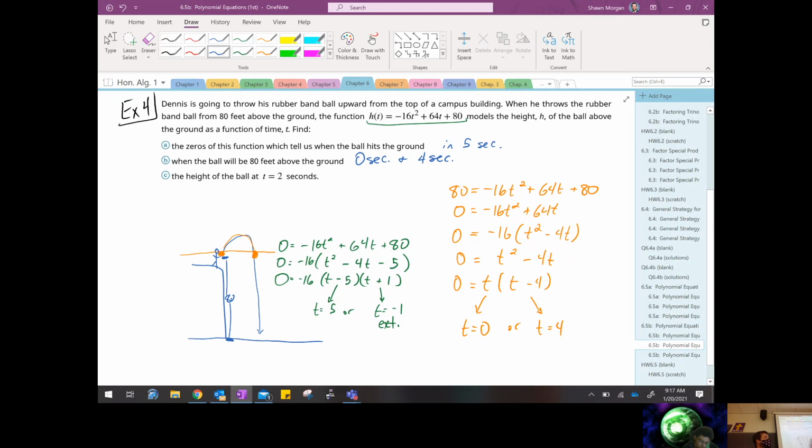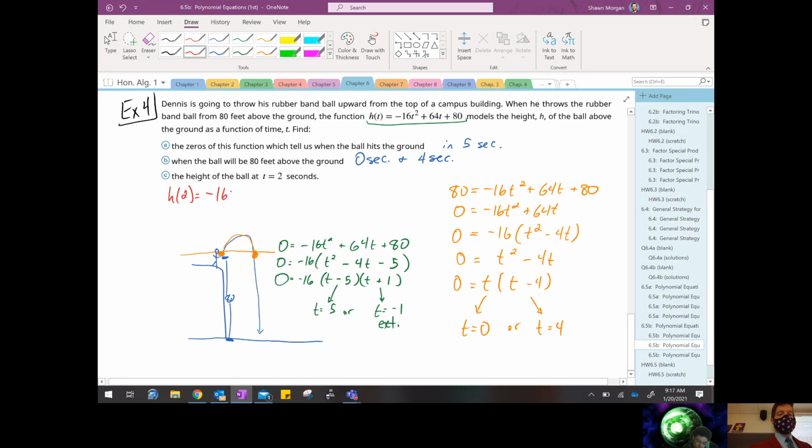Yeah. H of t is a function that produces the height at time t. So if I want to know the height at time t equals 2, I just plug in h of 2. And I think, Kreitz, that's probably what you were going to say, right? So help me do that, William.